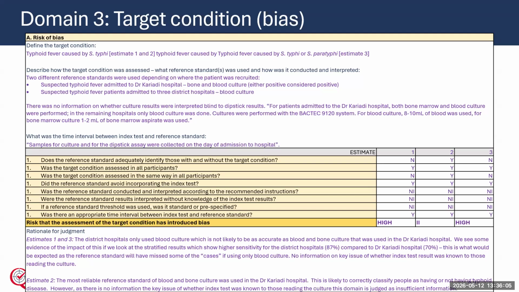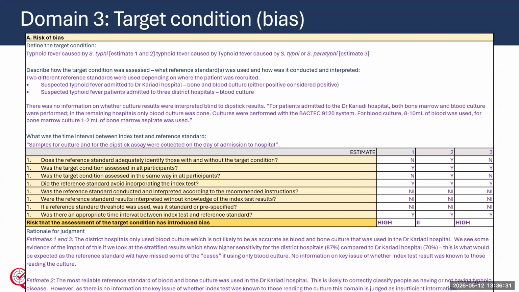Here, this is another new question: if a reference standard threshold was used, was it standard or pre-specified? Because as well as having a threshold in the index test, you often have to have a threshold for the reference standard. And then we've got the time interval between the index test and reference standard question, which was part of the flow and timing domain for QUADAS 2, but it's all about the target condition and how that's defined, so it does fit much better here.